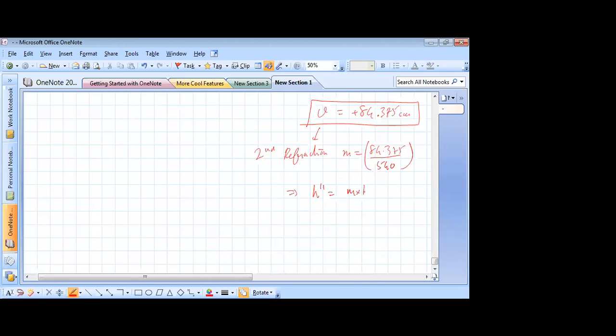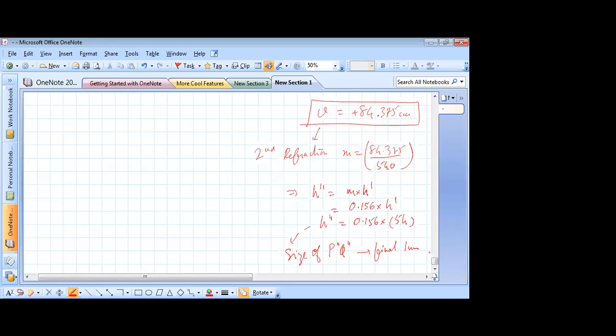This magnification into h prime. So this will be about that times h prime. And h prime was 5 times h. So that will be the size of p double prime, q double prime. This is the final image.